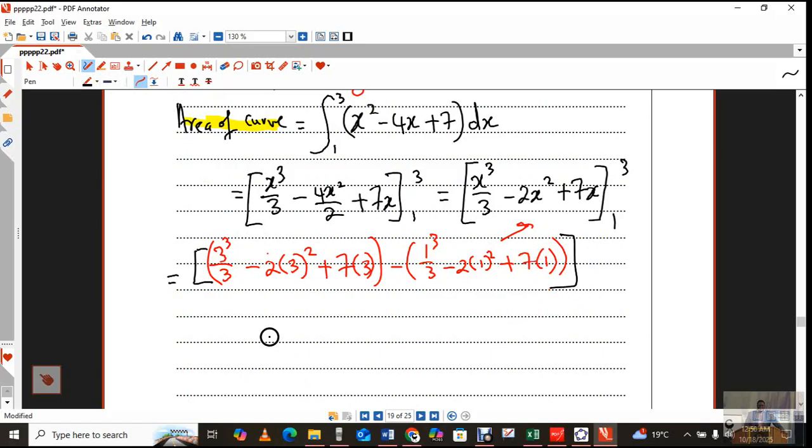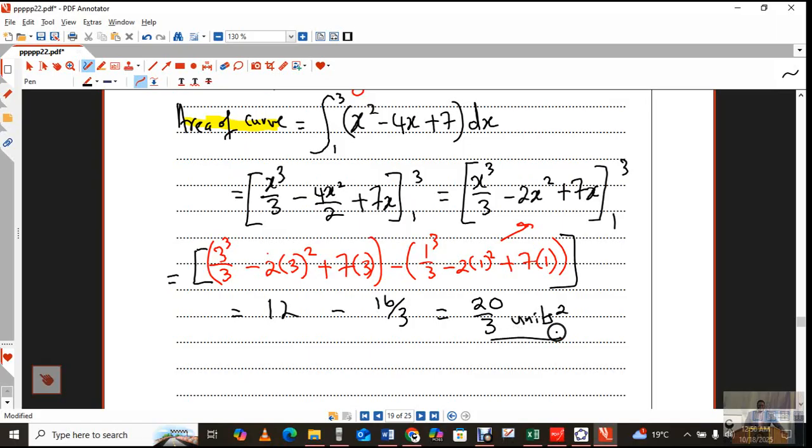If you do that, this is going to be 12 over here, and the other side would be 16 over 3. If you subtract these two, this would give you 20 over 3 units squared.